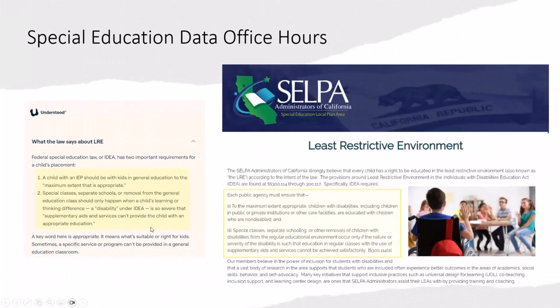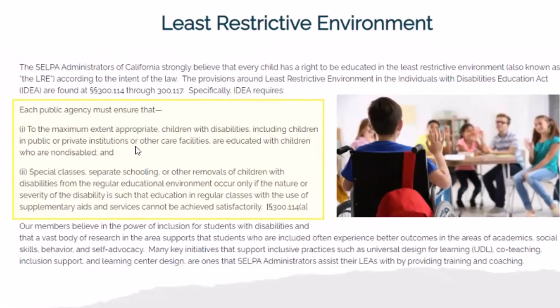And so, you can always continue digging, and sometimes you can reference resources outside of CALPADS. So here's a couple websites that help us, right? You have the SEPA Administrators of California and Understood. And they essentially say the same thing because they're citing the Individuals with Disabilities Education Act, but it says, as far as least restrictive environment or LRE, to the maximum extent appropriate, children with disabilities, including children in public or private institutions or other care facilities, are educated with students who are non-disabled.